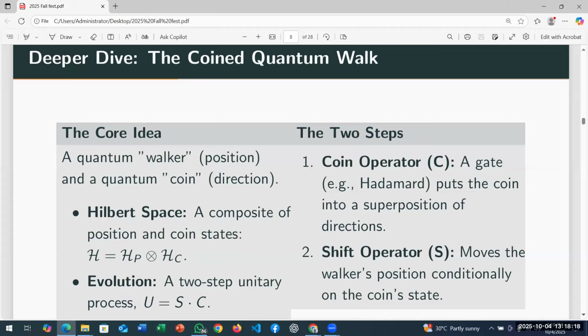If I have Ket 0 and the result after the coin has been applied is 0, it shows that the quantum walker will move to the left. And if the result is Ket 1, it means that the quantum walker will need to choose the right direction, not like the classical counterpart that I showed you.